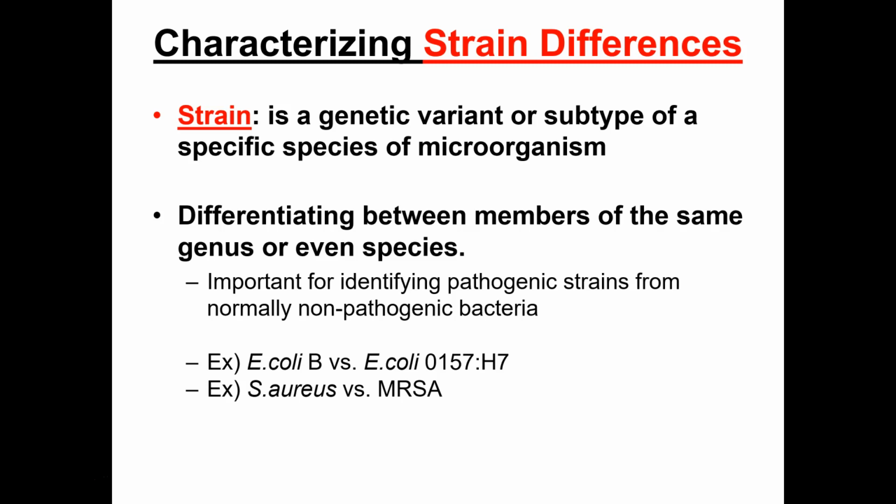So, let's look at the examples to make sense of this. Being able to differentiate between species, or different strains, is really important. So, for instance, in the first example, E. coli B versus E. coli O157H7. Okay, E. coli B, the B is the strain designation. O157H7 is that strain designation.